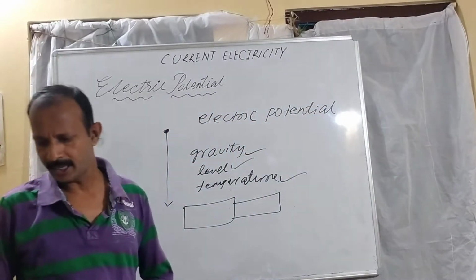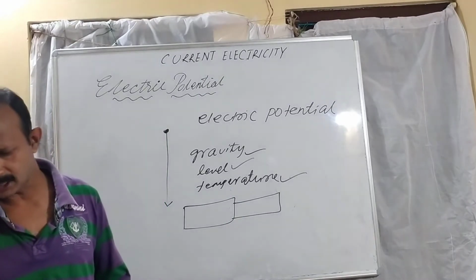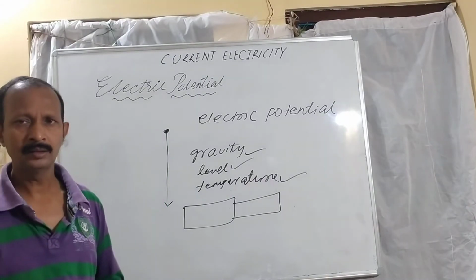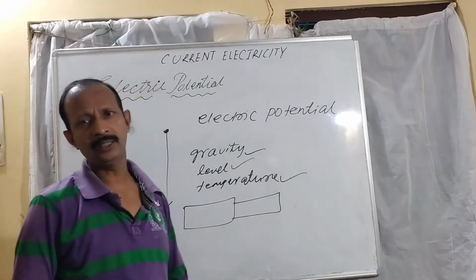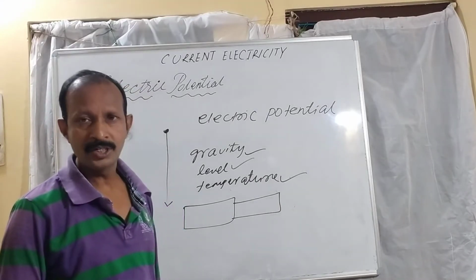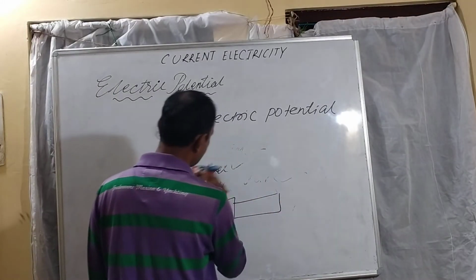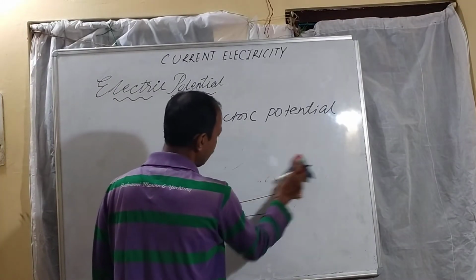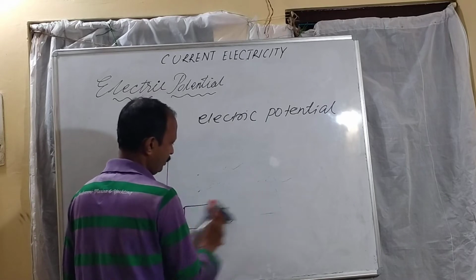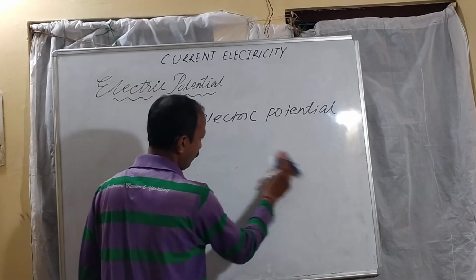So I can say that electric potential is the state of a matter which decides the direction of flow of charge or direction of flow of electrons, or you can say direction of flow of current.